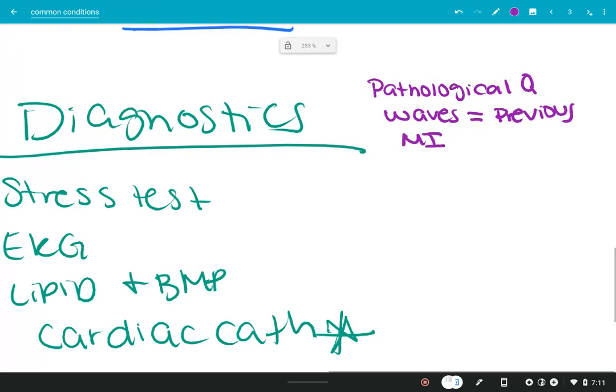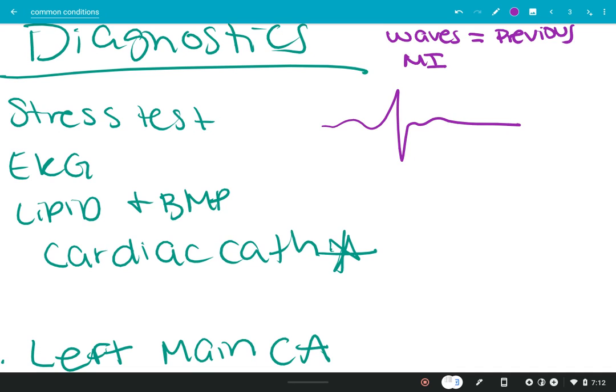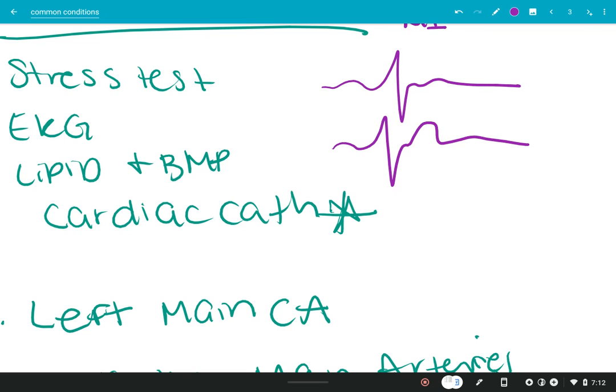So the way that it kind of works is initially you're going to see, here's the regular EKG waveform, you're going to see that ST elevation, right? And then we're going to fix them, and then you're going to see what's called a pathological Q wave.